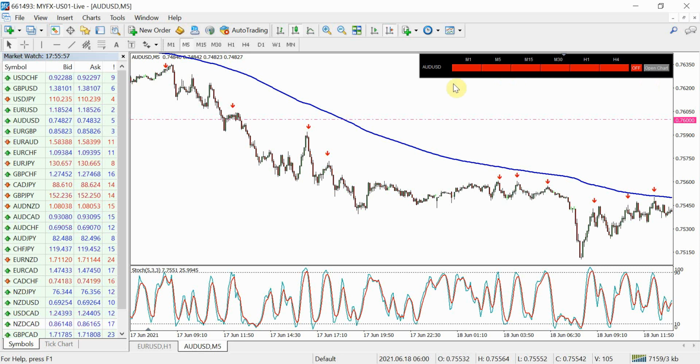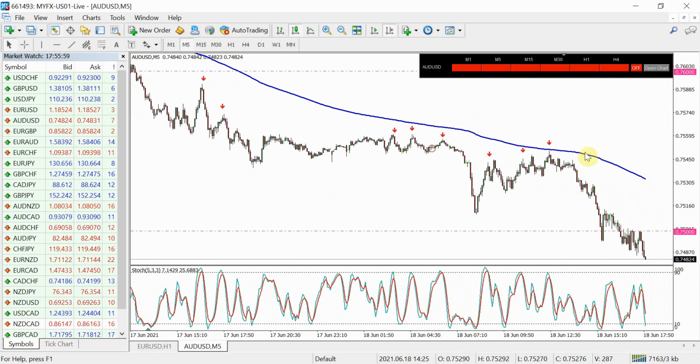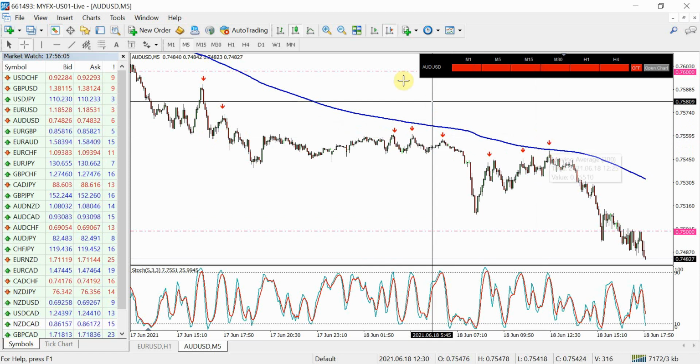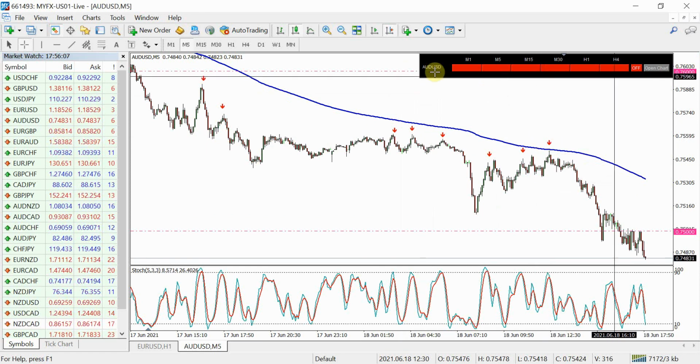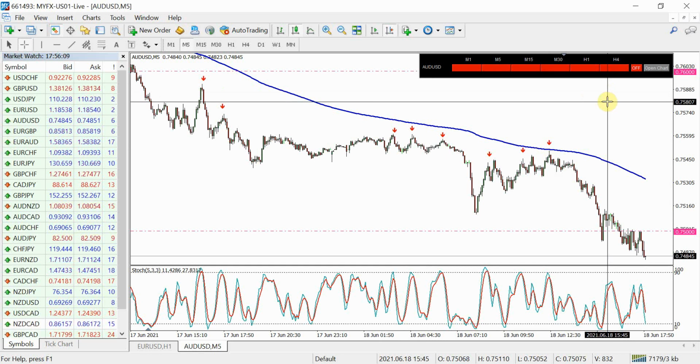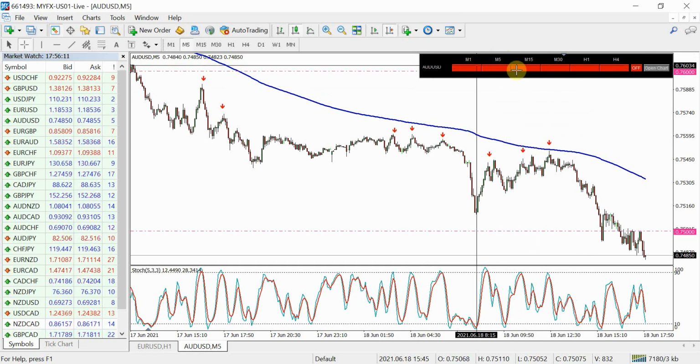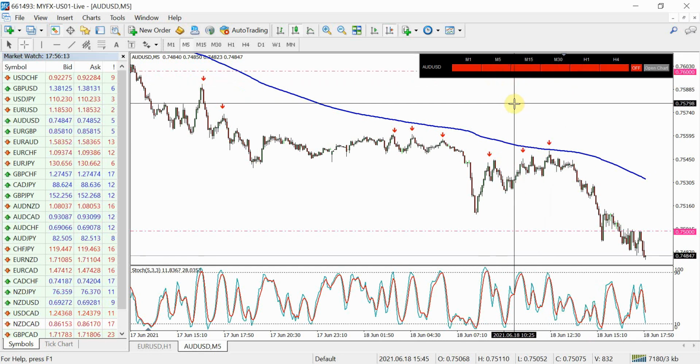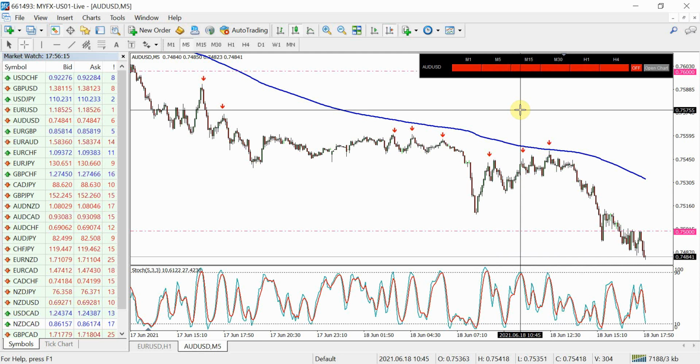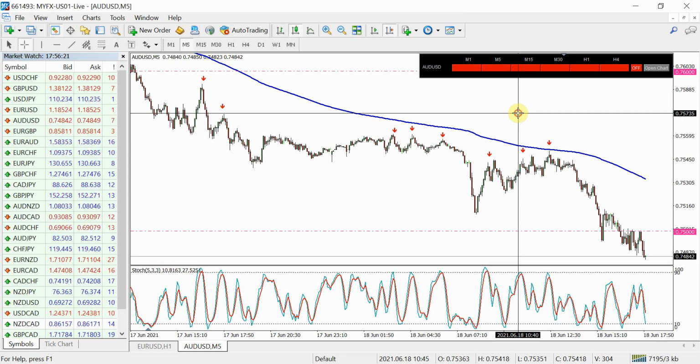So if I wasn't at my screen and I got a signal here to go short, I can look at the trend dashboard, and it is telling me that everything is red. If there were a few greens inside here, or on the higher time frames, then maybe I'll be more reserved about taking the trade, or risk less than I usually do on the trade. So that's the first thing.